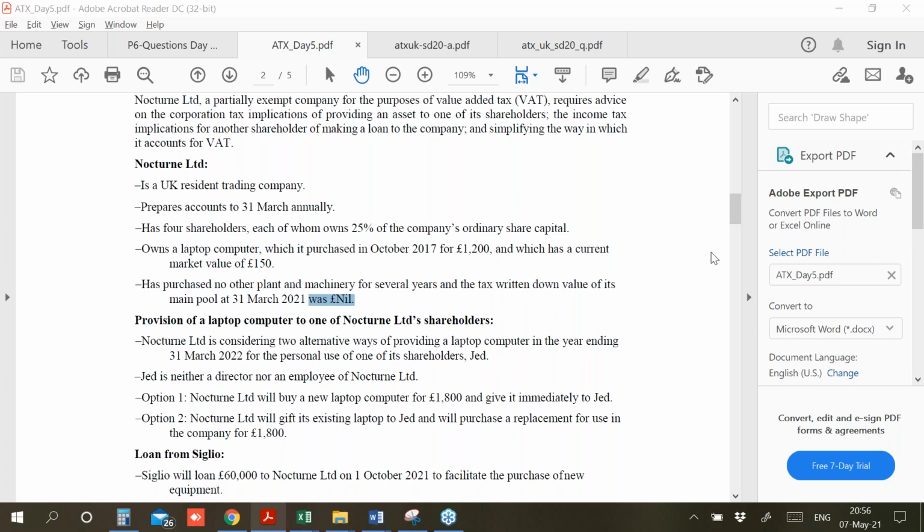You're right, Johannes, balancing charge. Thank you. So in one case, the company will be making savings, that is taking 100% capital allowance on 1800. However, on 150, they will have to pay the tax. So 150 will decrease their capital allowances and 1800 will increase their capital allowances.